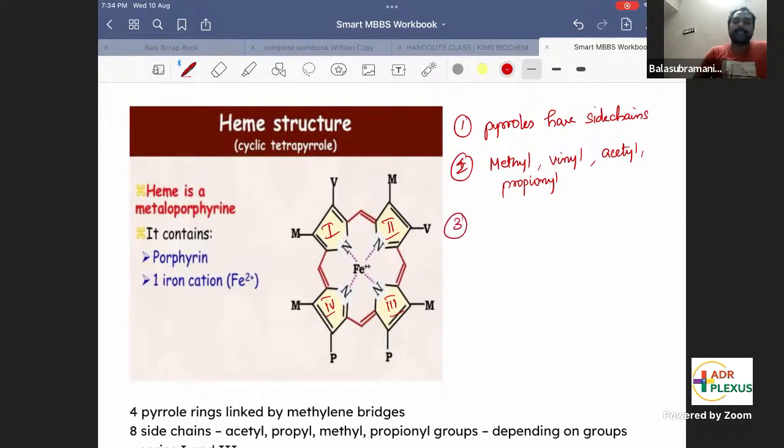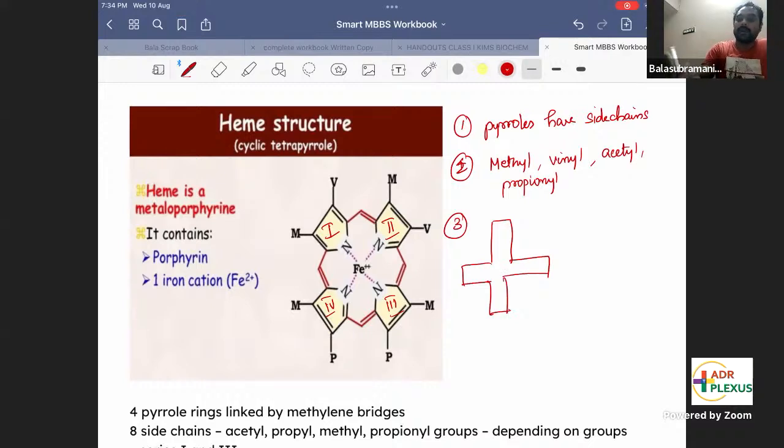So basically nobody wants to get into the details of all these things, but then the people at AIIMS, the people at central institutes are very obsessed about the configurational arrangement of side chains. Okay, so what happens here is, again, I'm going to write the same molecule structure.